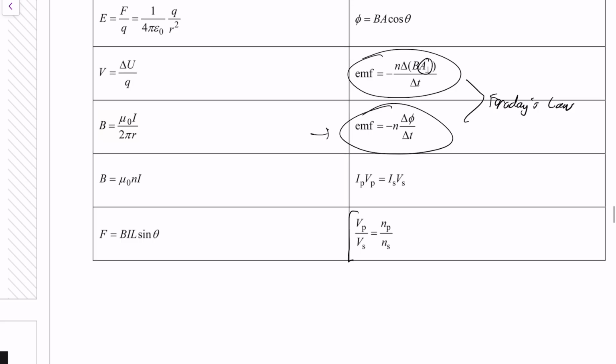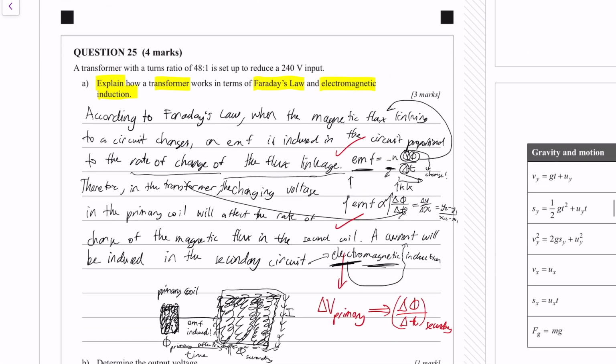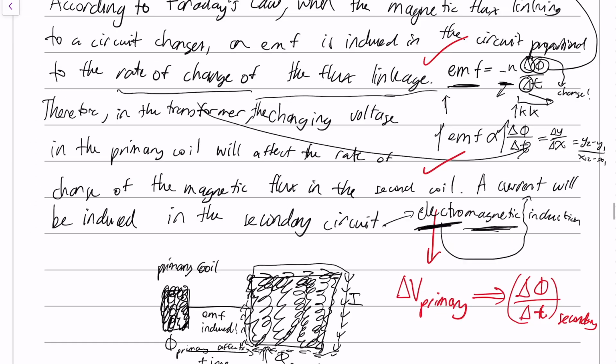But this is the transformers formula if we have a ratio, because our n variables are the ratios. Okay, so we have n primary, which is 48, because we're going from primary to secondary coils, and ns, which is our secondary number of turns.